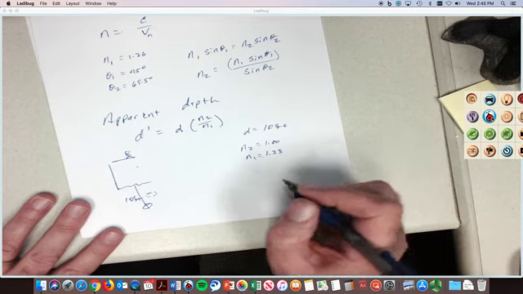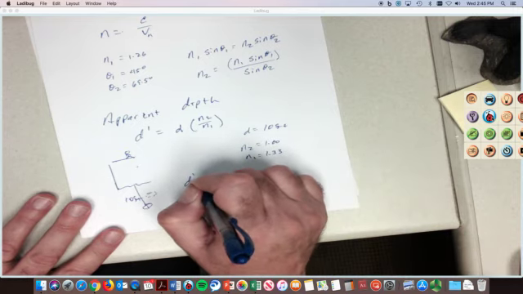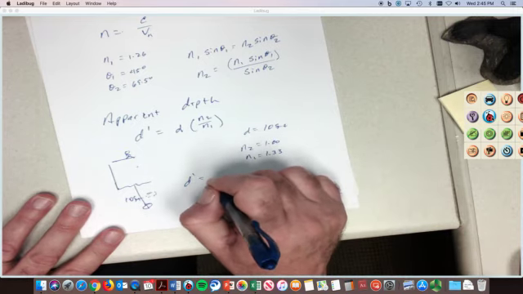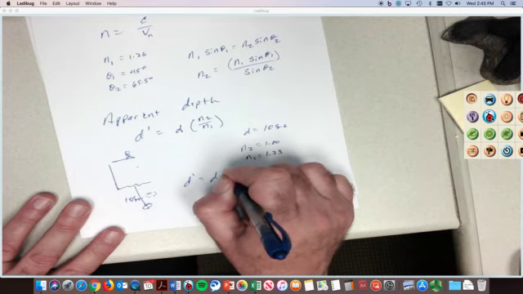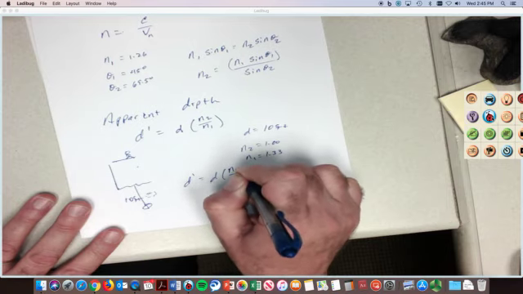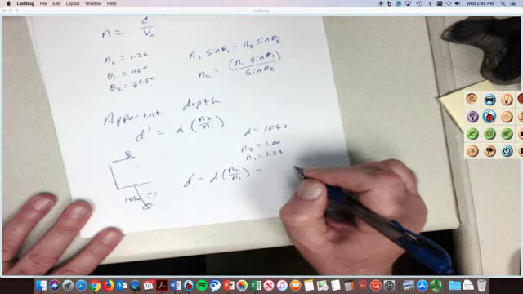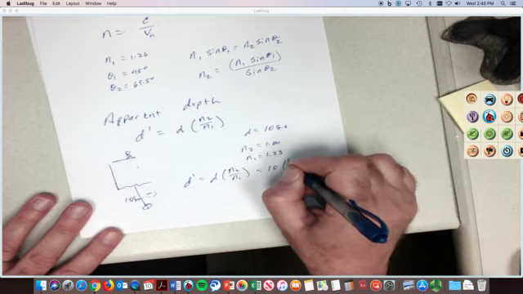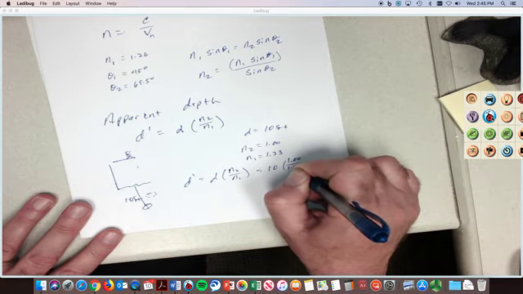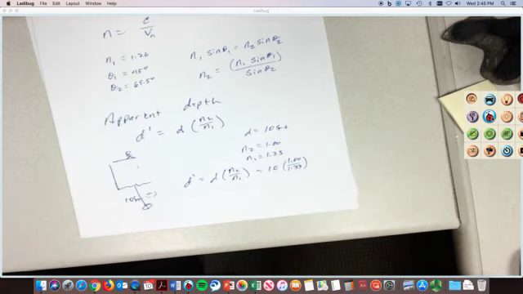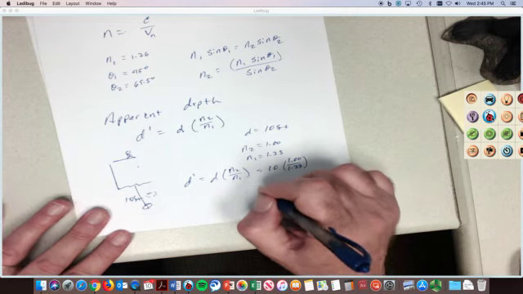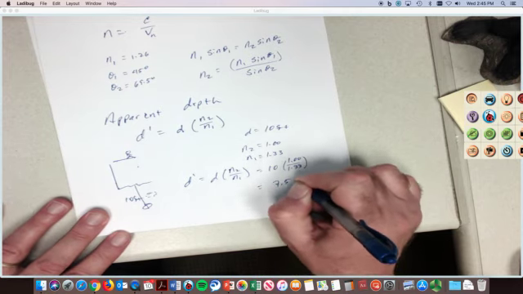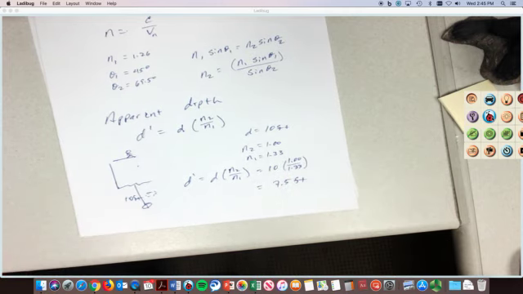Therefore, the apparent depth, D prime, is equal to D times N2 over N1. This is equal to 10 times 1.00 divided by 1.33, which is like 1 divided by 4/3, which is like 3/4. So this comes out to be 7.5 feet. That's the apparent depth.